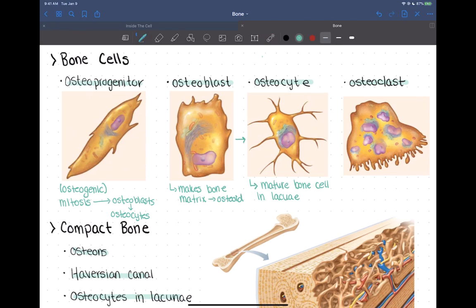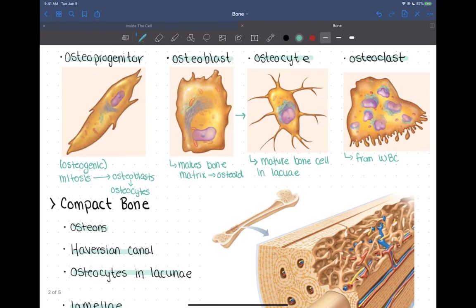All right, so it comes from a white blood cell because it is a phagocyte, right, like the white blood cell. All right, so there are certain white blood cells called monocytes that can leave the blood, and when they do, they become macrophages or phagocytes in other tissues, okay? So this would be an example of one of those, an osteoclast.